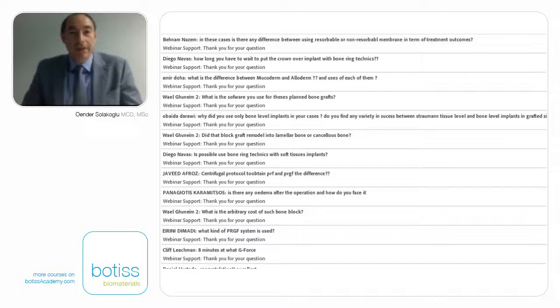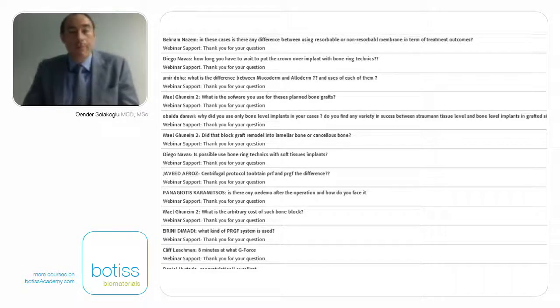So they stay there for a very long period of time. And the long period of time is basically 4 to 6 months, which I think is sufficient. I don't need a membrane that stays longer than 4 to 6 months.